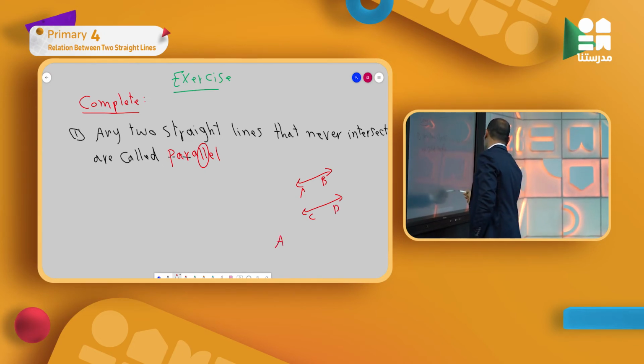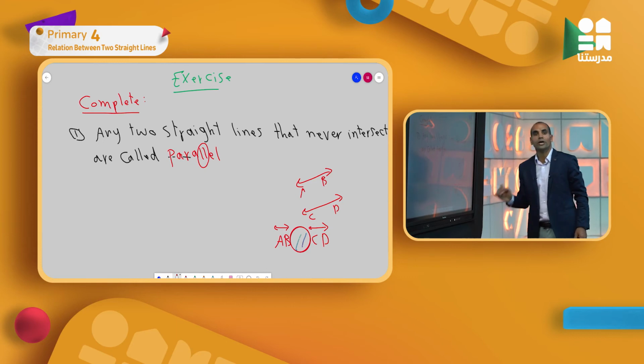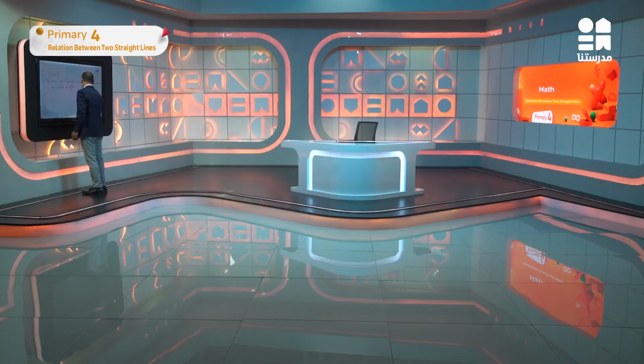We can say AB straight line parallel to straight line CD. So this sign is called parallel to. This sign is called what? Parallel to. Okay.